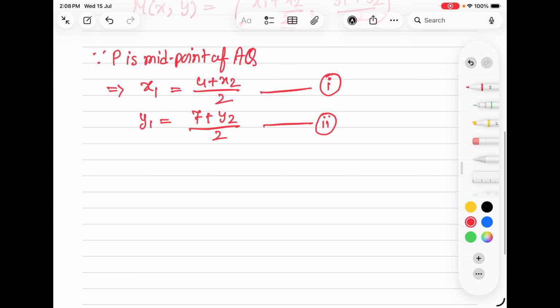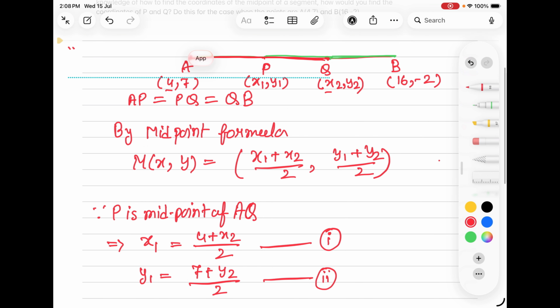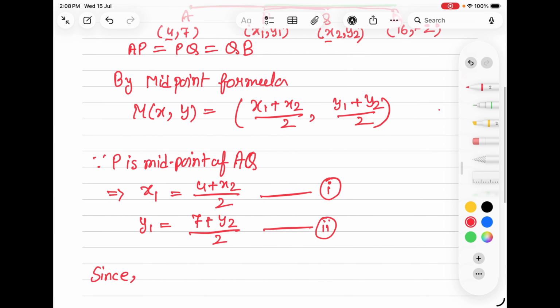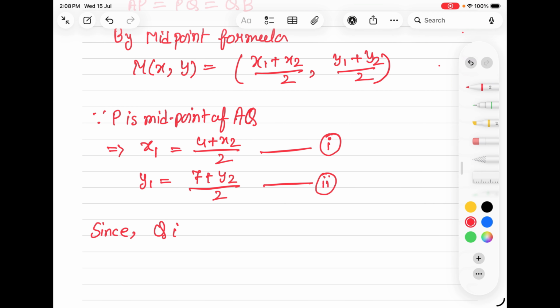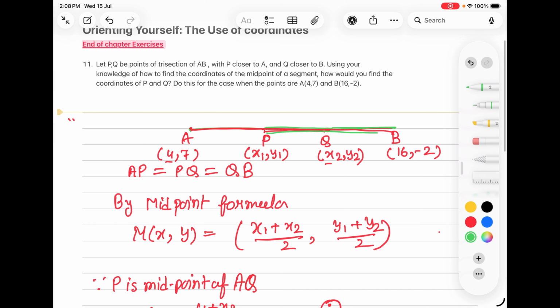Again, since Q is the midpoint of PB, we can write: Q is the midpoint, so the first coordinate of Q, x2, equals (x1 + 16) / 2.